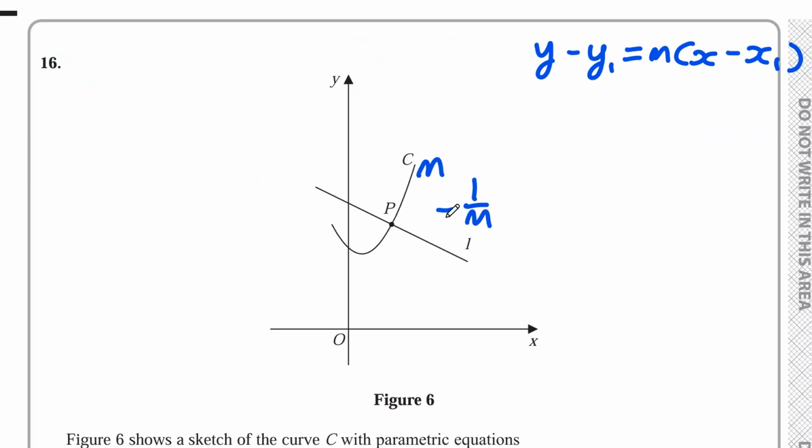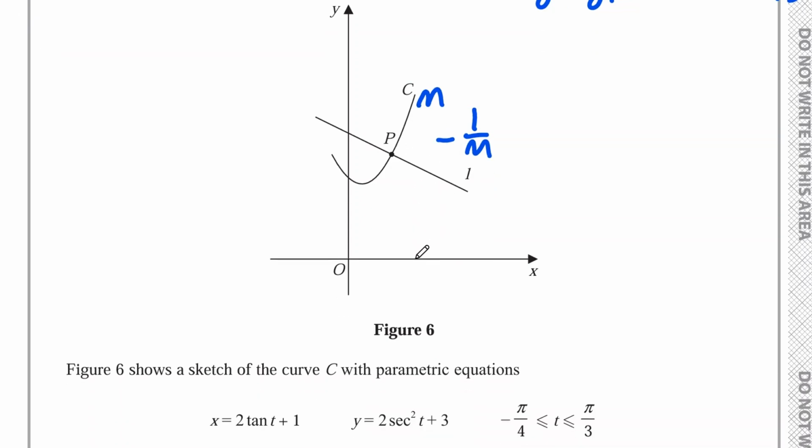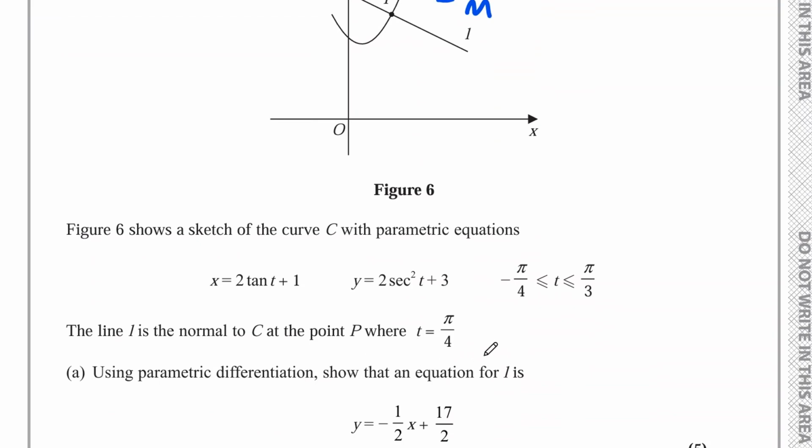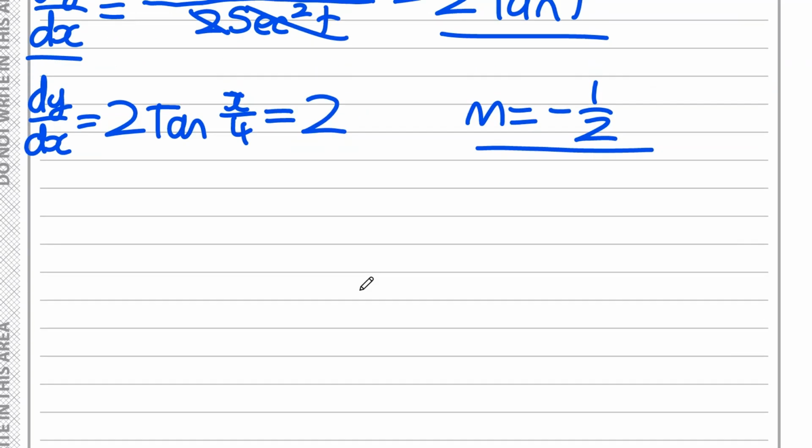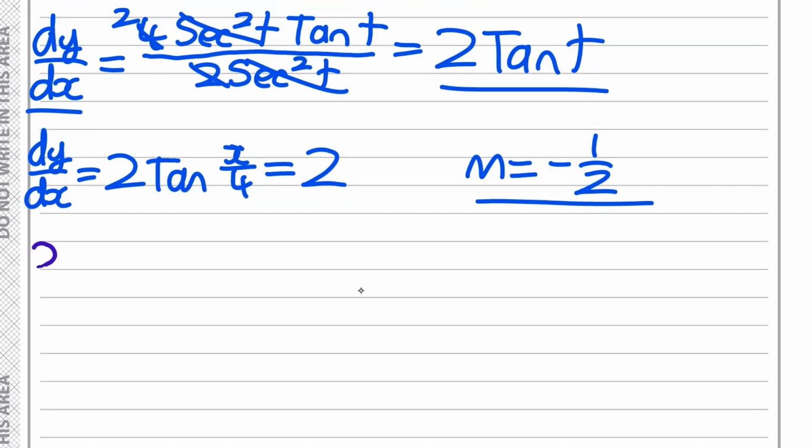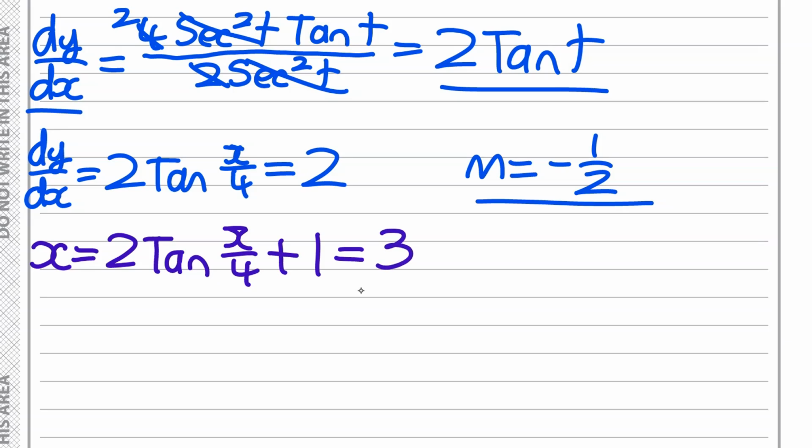Okay, so we found the gradient of the line, so now we need to find the coordinates of a point on the line, and we know that the point P lies on this line L here, and we know that the point P is where t is equal to pi over 4, so therefore we can figure out the x and y coordinates of this point P by just subbing this t is equal to pi over 4 into these parametric equations here. So if we do this, x is equal to 2 tan t, but instead of t it's going to be pi over 4, and then it's plus 1, and if you put this into your calculator, this is equal to 3.